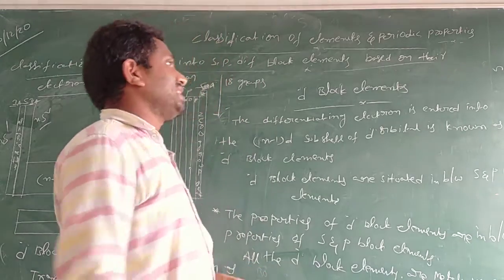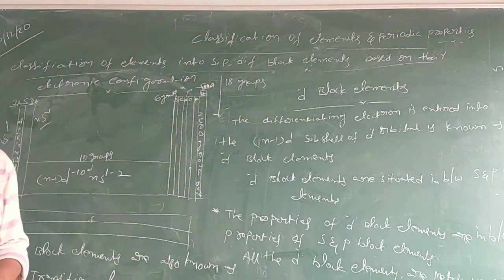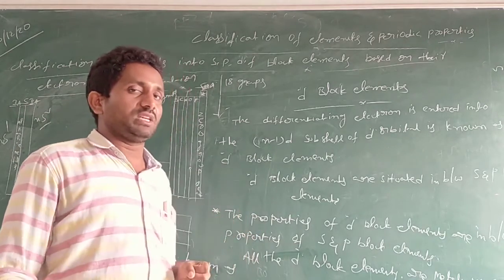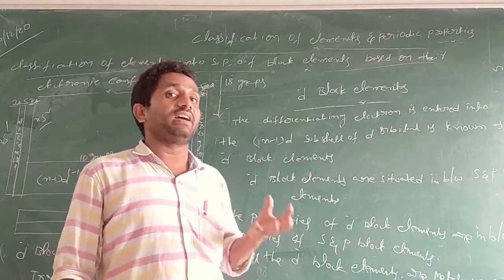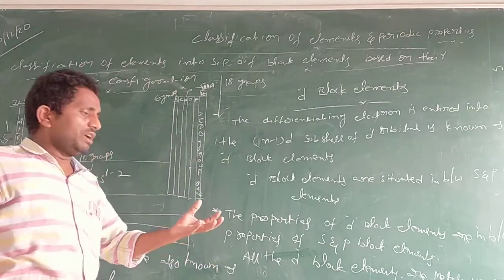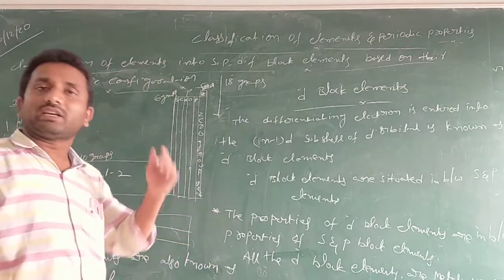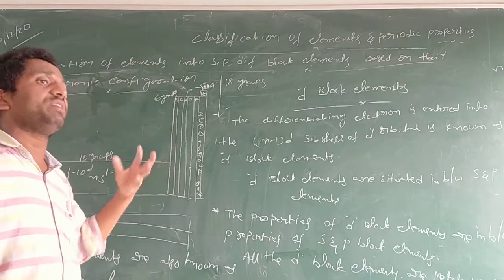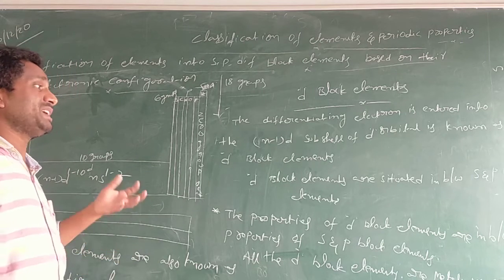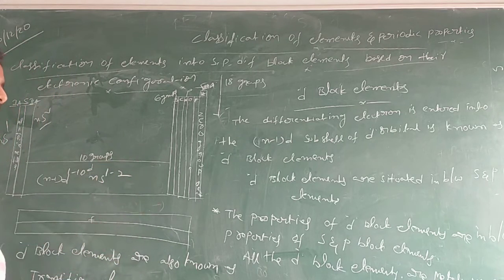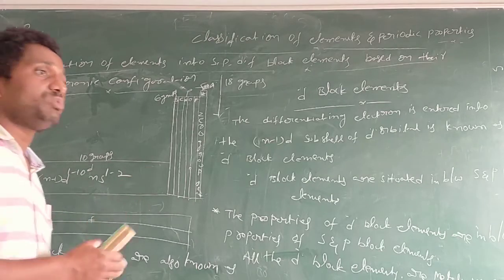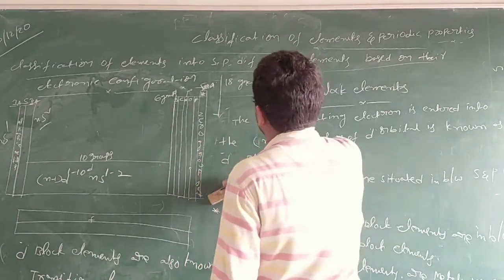They are hard in nature, brittle in nature, have high ductility, and have paramagnetic character. So these are the different special characteristic properties of D block elements. Next, we are going to study F block elements.